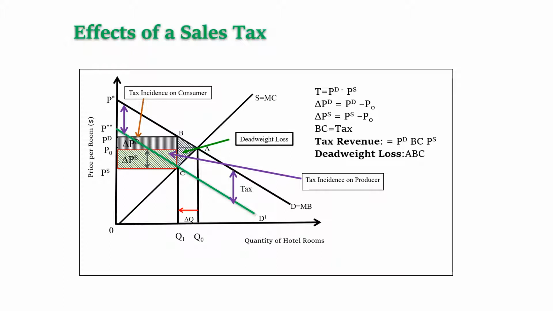P star, PD, and B. So there is a loss in consumer surplus from P star, P naught, A to P star, PD, B. So notice that this whole triangle, P naught, A, B, and then PD, is the loss in consumer surplus, right?